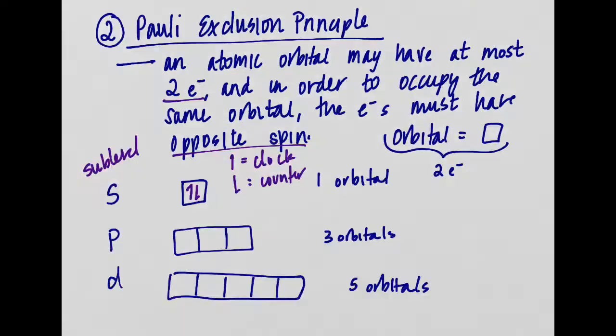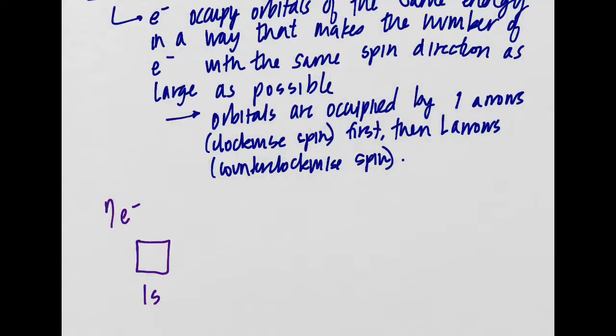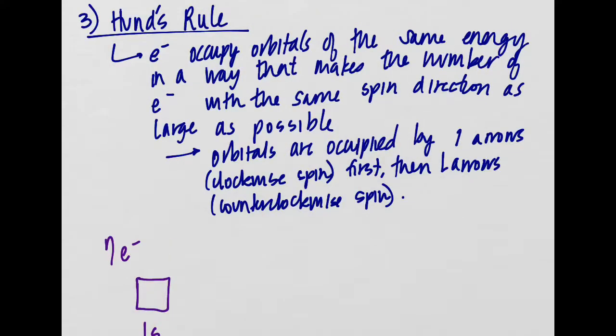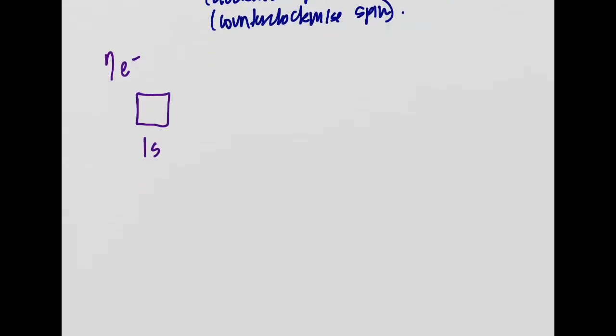Because of Aufbau's principle, we know that we must put our first electron in the 1s orbital because that's the lowest energy level, right? Hund's rule says that the electrons must go into the orbitals upward arrow first.